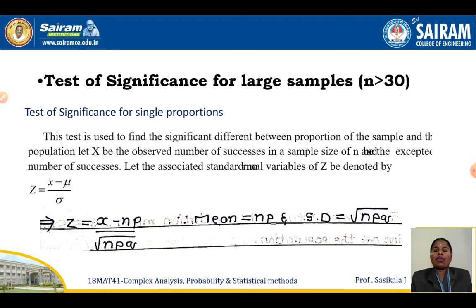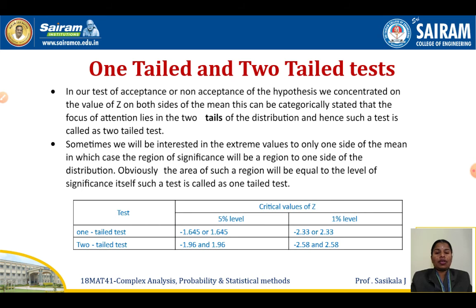We are going to do the problems under only these two categories: either a one-tail or a two-tail test. In our test of acceptance or non-acceptance of the hypothesis, we concentrated on the value of z on both sides of the mean. The focus of attention lies in the two tails of the distribution, and hence such a test is called a two-tailed test.